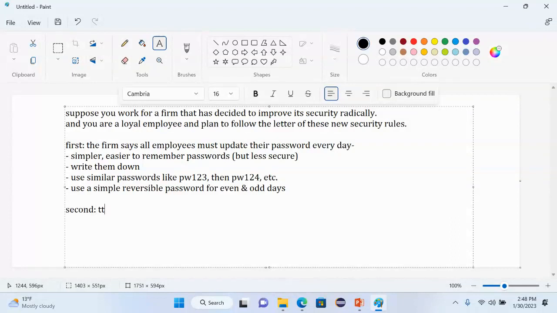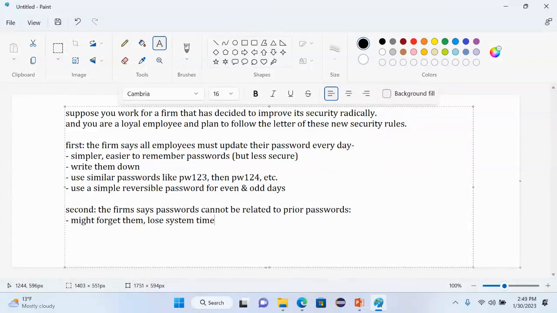Now, second, the firm says passwords cannot be related to prior passwords. So at that point, employees might forget them, lose system time, because they've got to call up and get their password corrected and all that. What else? They might write them down.